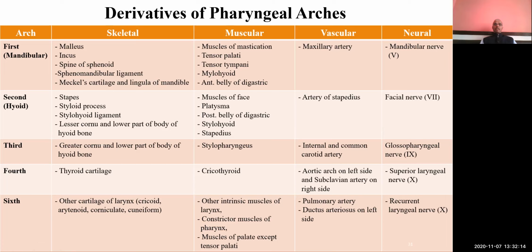Its muscular part is the muscles of mastication, tensor palati, tensor tympani, mylohyoid, and anterior belly of the digastric muscle. The vascular part is the maxillary artery, and the neural part is the mandibular branch of the fifth cranial nerve.